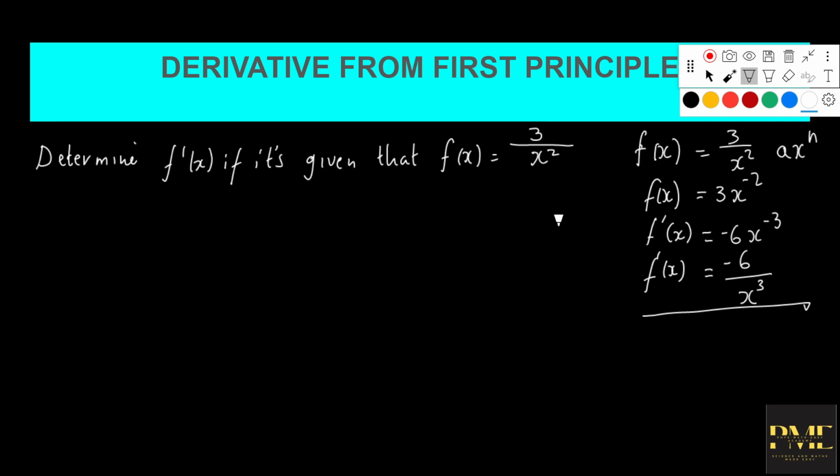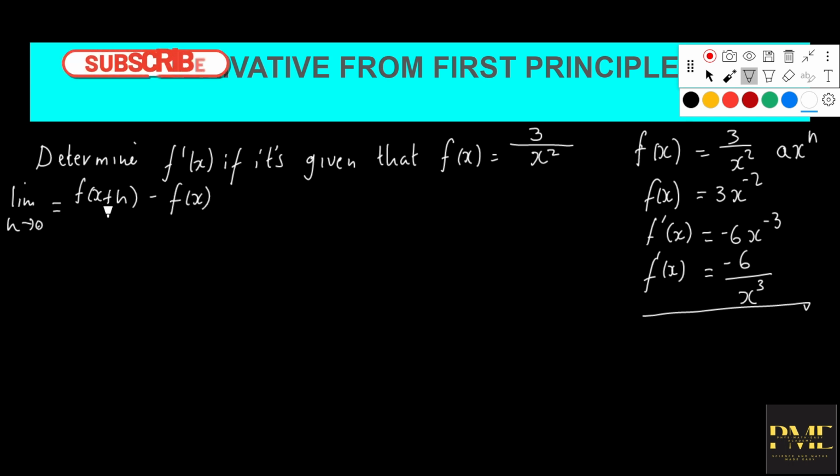Let's try the derivative here on our left hand side. Okay, now we'll recall that to find the derivative we use the limit concept, whereby our h approaches 0, and so we're looking at f at x plus h, minus f at x, all over h, guys. Okay, so first things first, wherever we see x, we put in x plus h, then we leave our equation as it is, and f at x as it is.